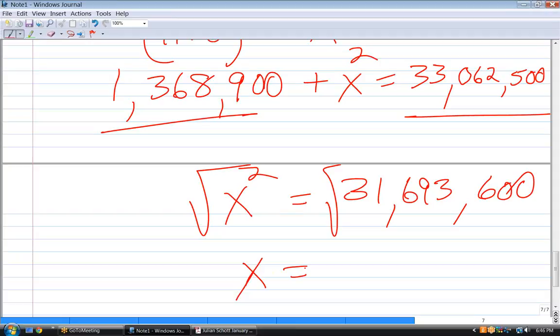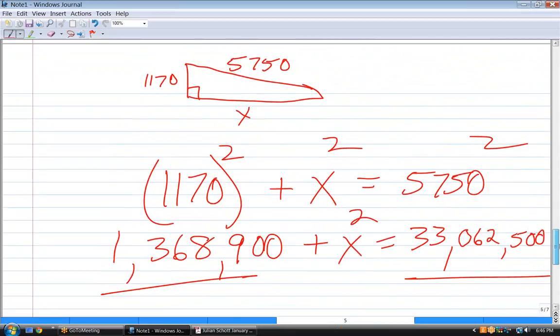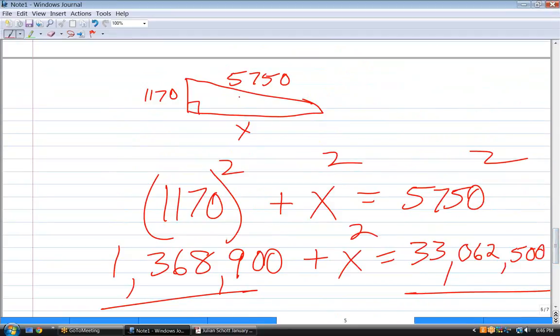What's the square root of 31,693,600? 5,629.7. We'll forget the decimal point for the moment: 5,629. Does that answer make sense? Yes, it's less than the hypotenuse.